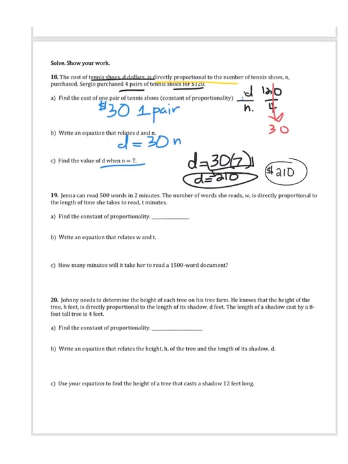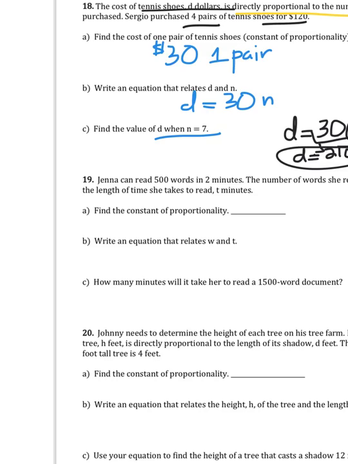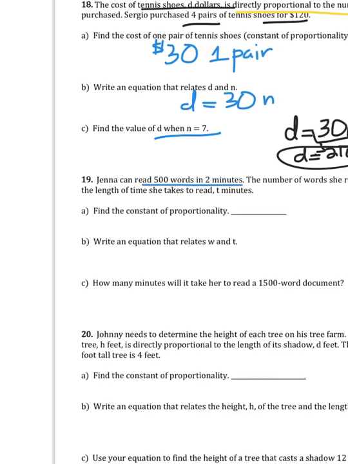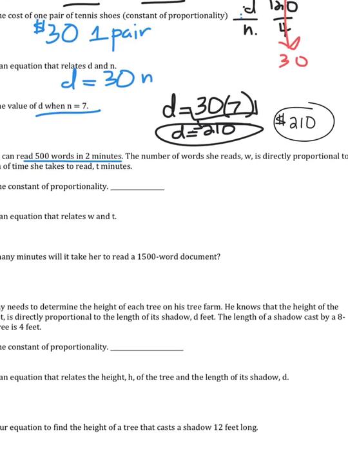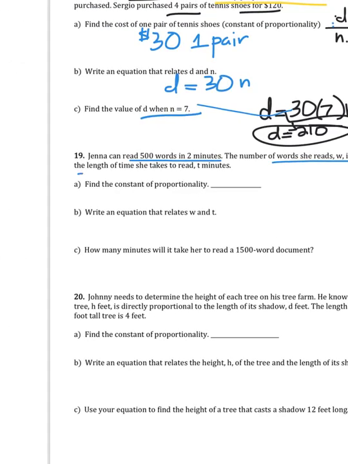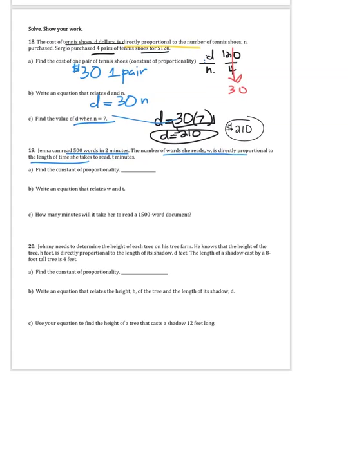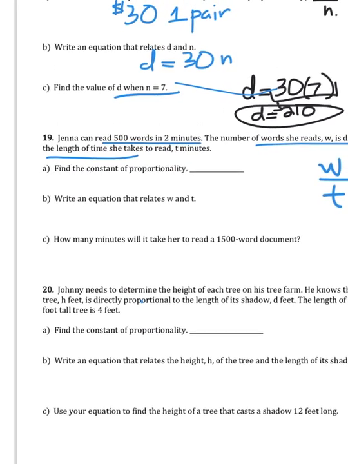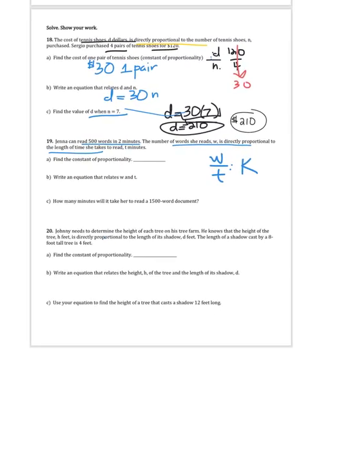Okay. That was it. Okay, so Jenna could read 500 words in 2 minutes. Words is directly proportional to length of time, T. So words over time equals K. So 500 words, 2 minutes, and 500 divided by 2 is 250.